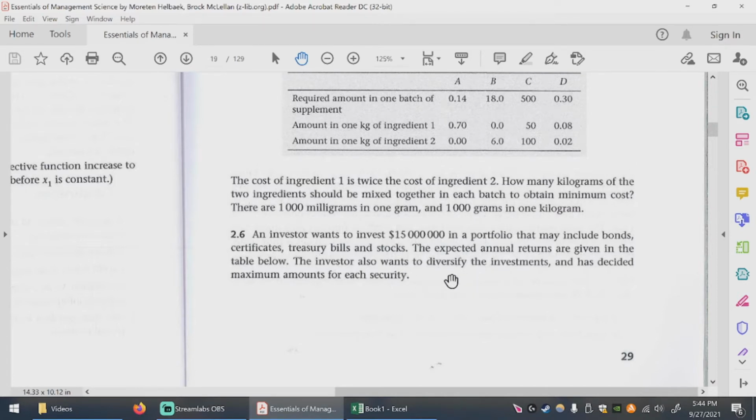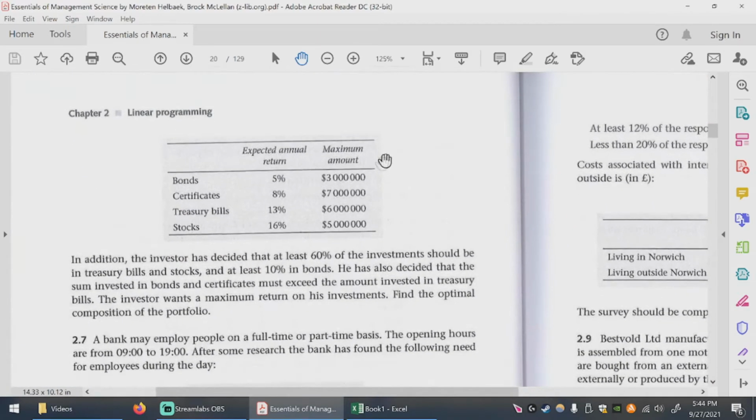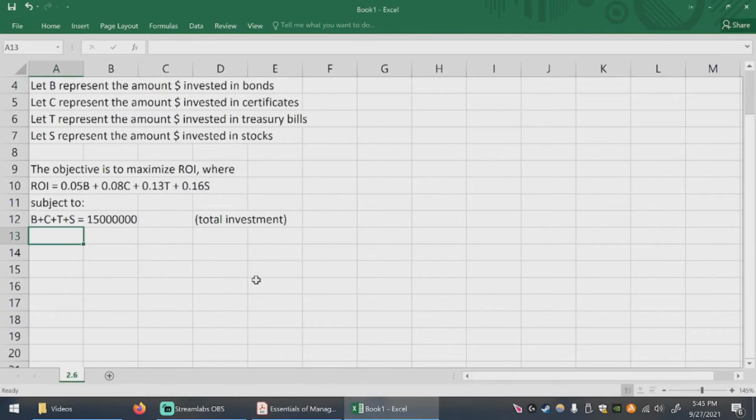We have diversification requirements. First up is they don't want to invest everything in a single type. The amount invested in bonds should cap out at 3 million. The amount invested in bonds should be less than or equal to 3 million.